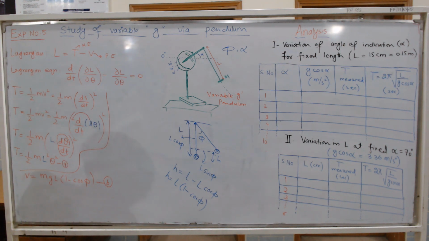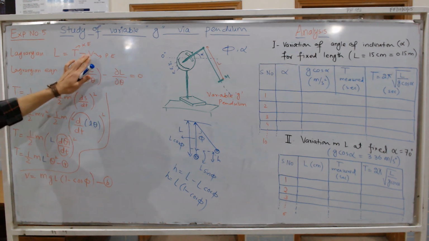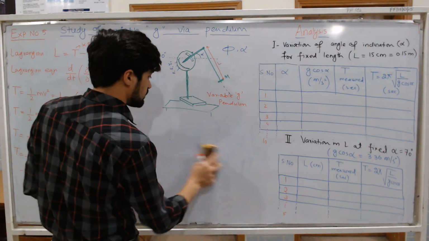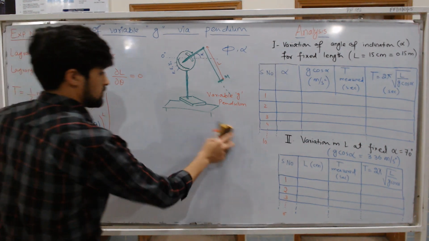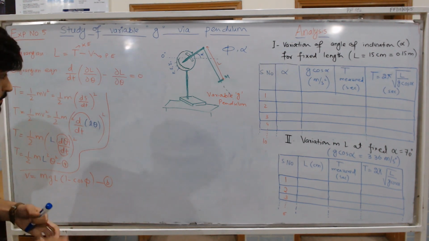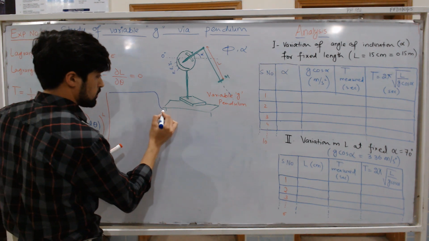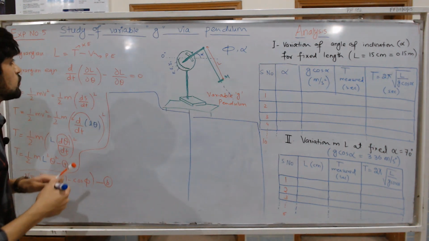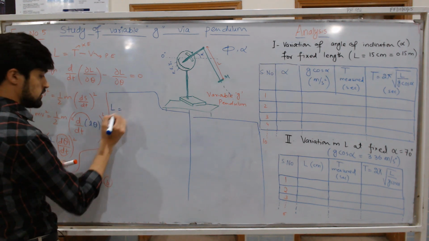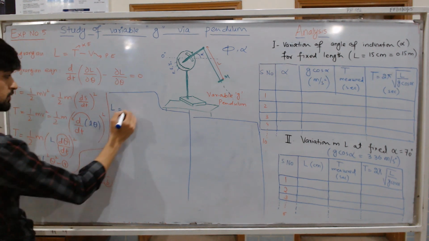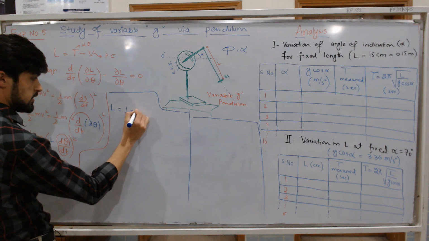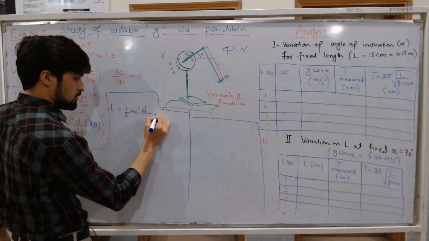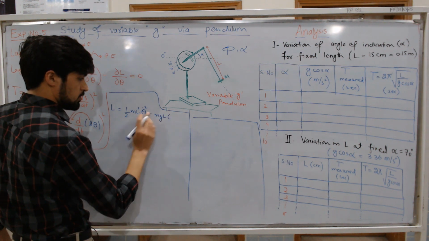Now subtracting the potential energy from the kinetic energy, what will I get? The Lagrangian L is equal to half m L squared theta dot squared minus m g L (1 minus cos of phi).